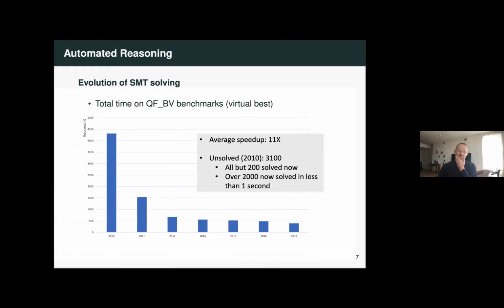We did a similar study with SMT solvers on bit vector benchmarks, and what we saw was that compared to the 2010 state of the art, the current state of the art is about 10x. But what's really interesting is this 2010 result doesn't even include 3,000 problems that timed out. And of those, all but 200 can be solved, and over 2,000 can be solved in less than a second. So we're really seeing tremendous improvements all the time in these tools, and this is continuing.